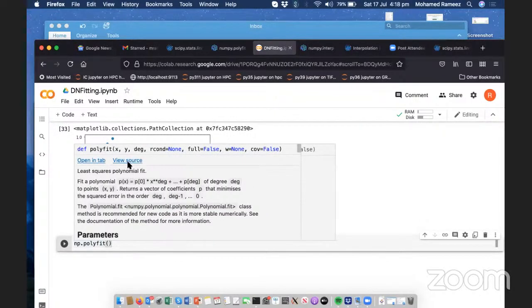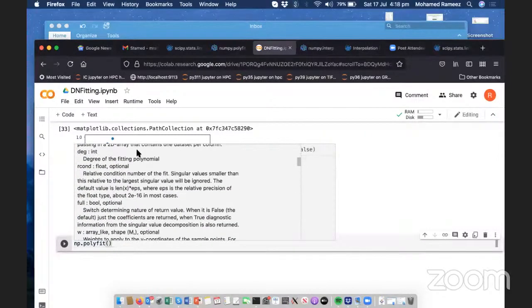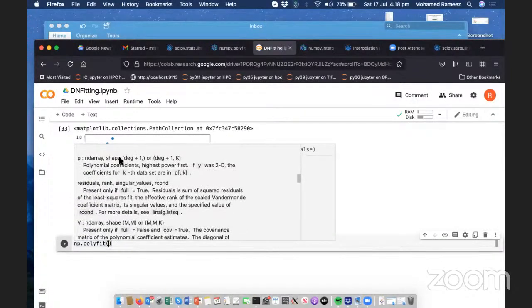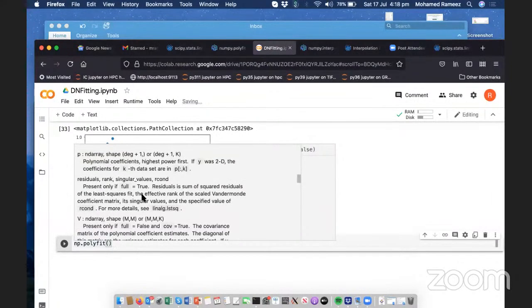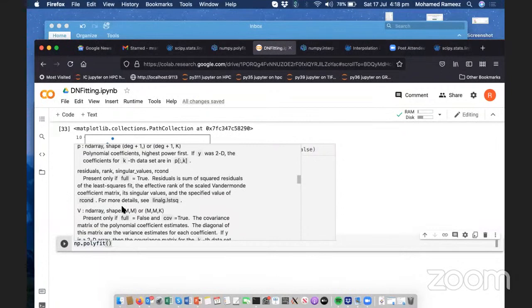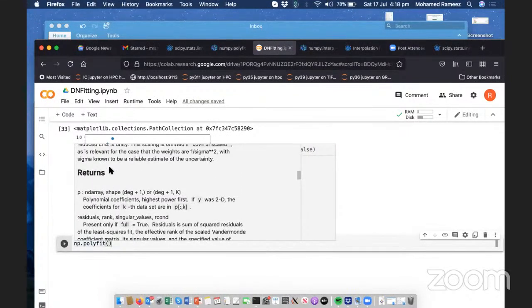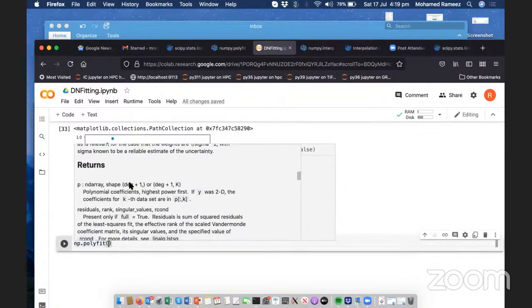What it takes is x, y, and a degree. It returns an array of shape degree plus 1, and the residuals. I will explain to you what those things are.